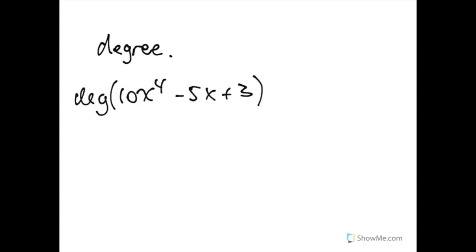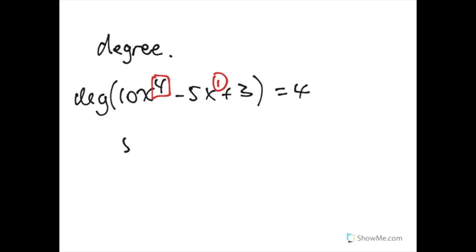So for example, if we take 10x to the 4 minus 5x plus 3, the degree, denoted deg with brackets around this, is equal to 4, because as you can see, 4 is the highest degree over here. So the first term has degree 4, this one has degree 1, and this one has degree 0. And so the overall degree of this polynomial is 4.